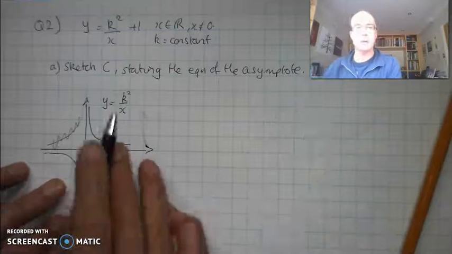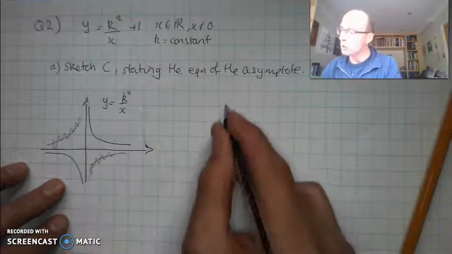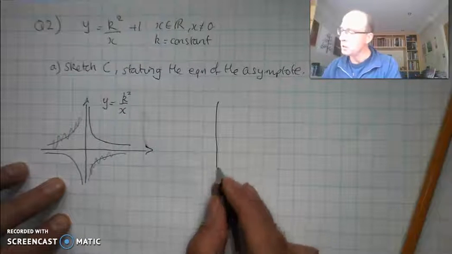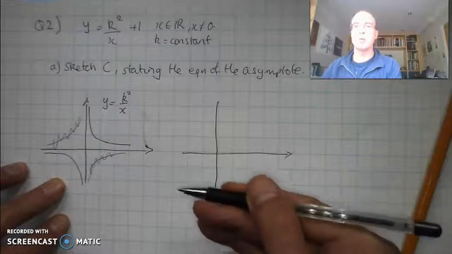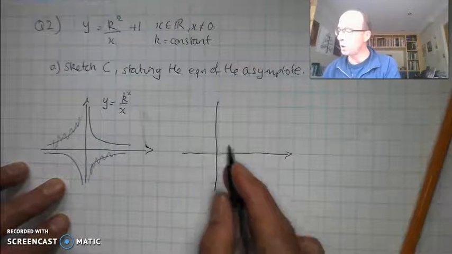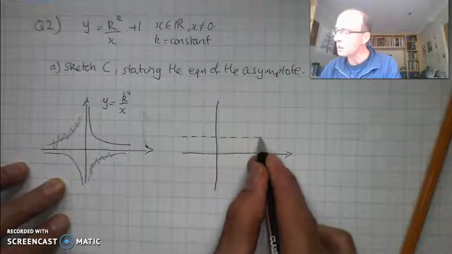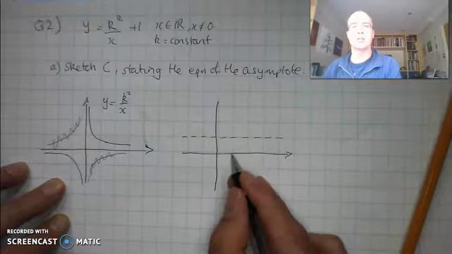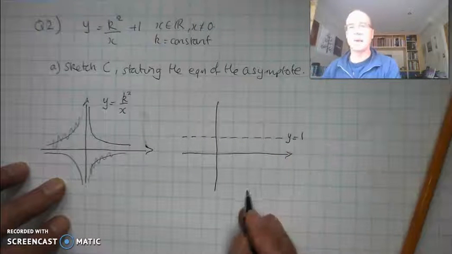Okay, now the actual question wasn't k squared over x, it was k squared over x plus 1. So we've actually got a graph transformation question. What we're going to do is take our curve and shift it one place vertically, up one spot. So we're going to end up with an asymptote, instead of being at y equals 0, at y equals 1.